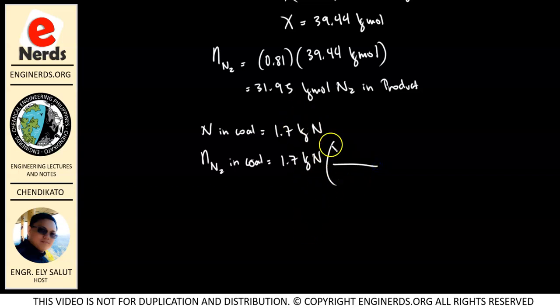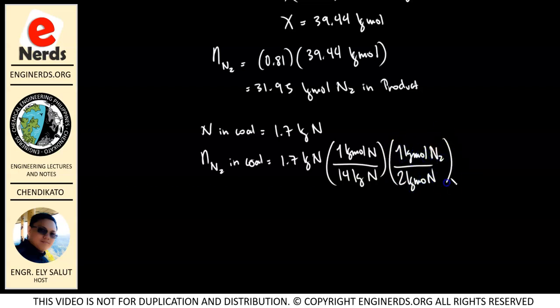Divide natin sa molecular weight niya. So, we have 14 kilogram ng nitrogen or 1 kilogram mole ng nitrogen. Then, N2 ang kinukuha natin. So, we have 2 kilogram mole of N per 1 kilogram mole of N2.